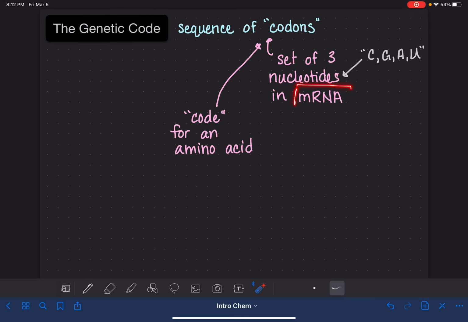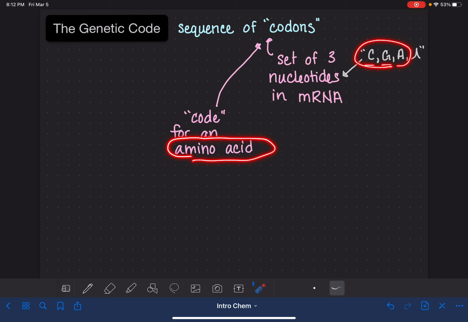Remember that the job of mRNA is to carry instructions for protein synthesis. Proteins are just a long chain of amino acids connected together in the correct order. So every single set of 3 nucleotides in an mRNA molecule corresponds to one particular amino acid.